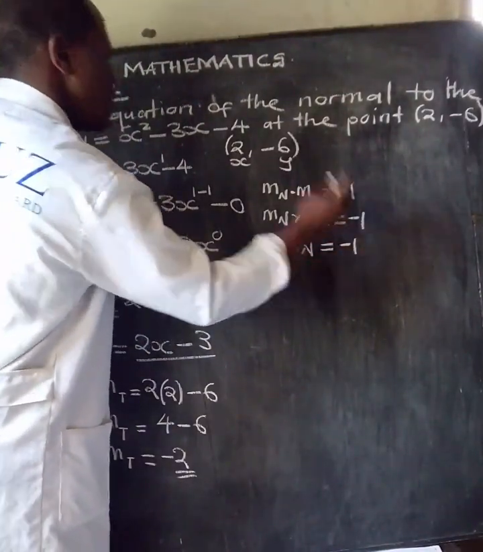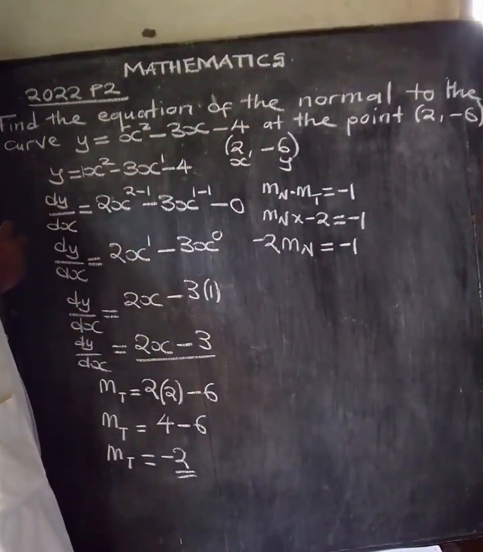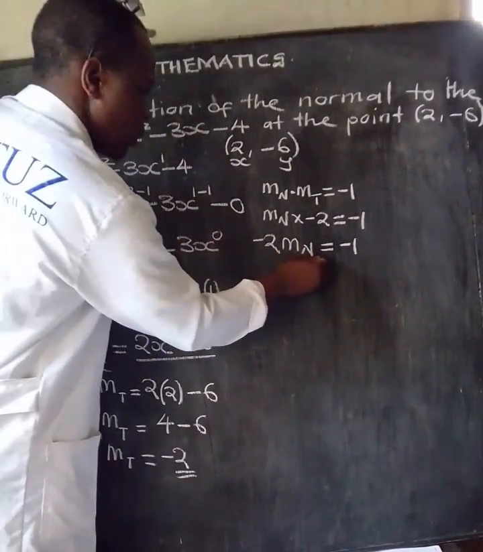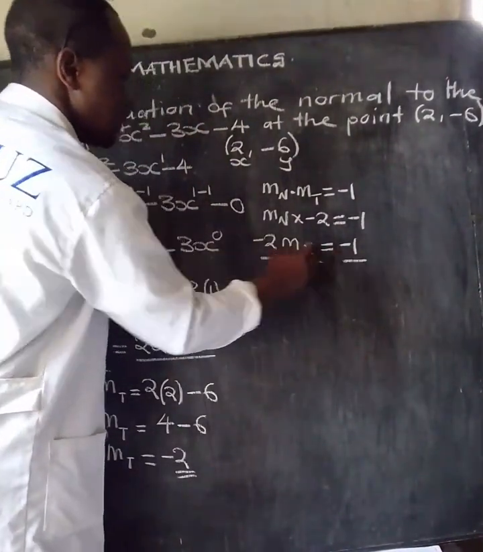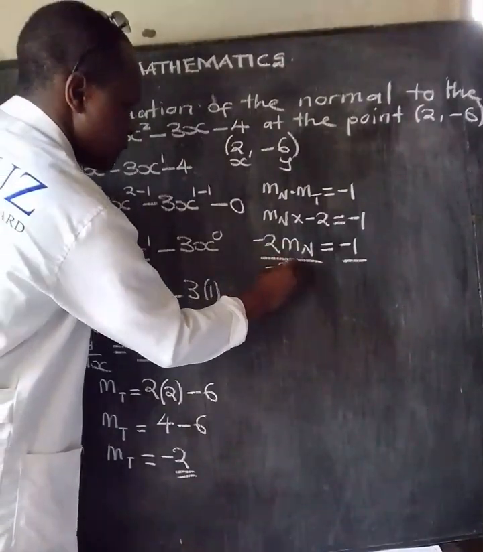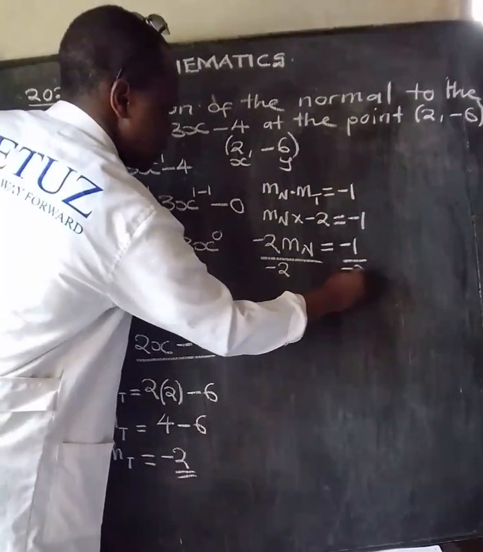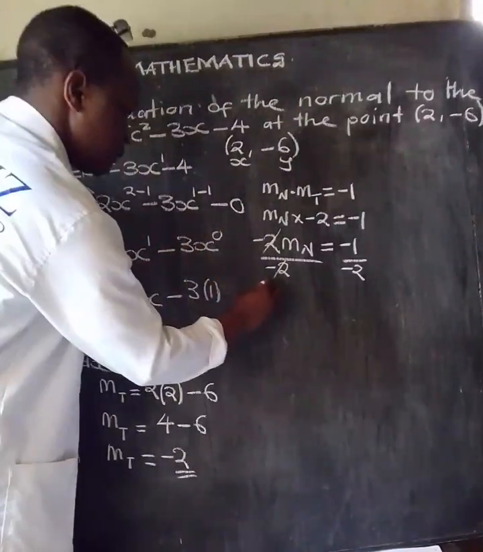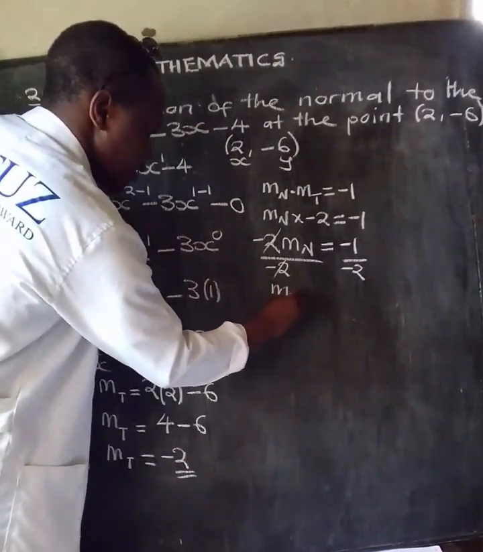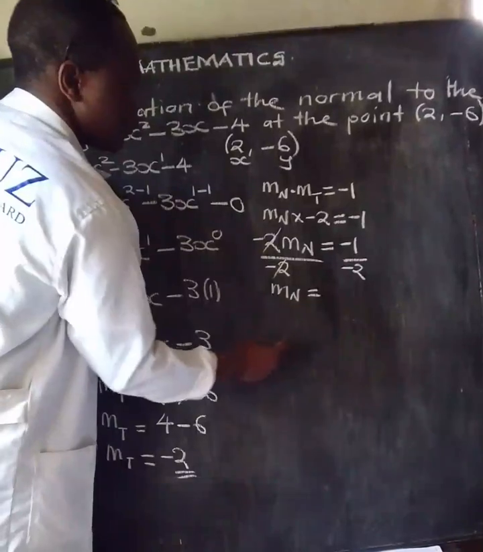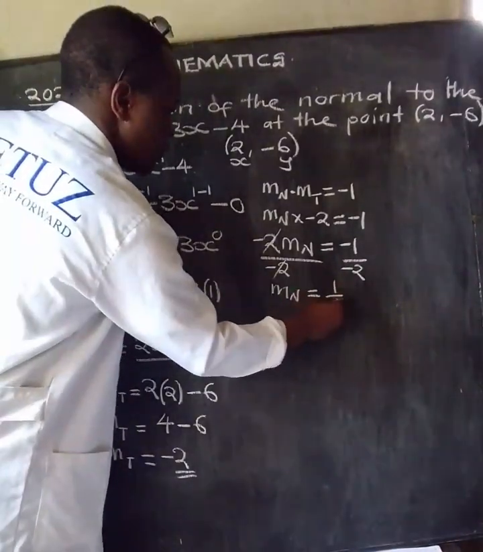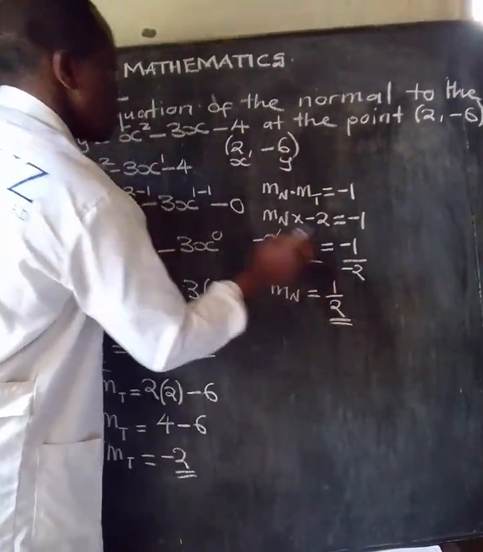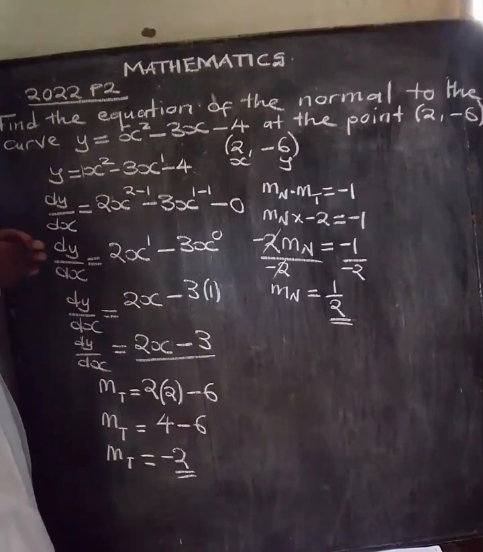So gradient of the normal times negative 2, you get negative 2 gradient of the normal is equal to negative 1. Then for us to remain with gradient of the normal, we're going to divide both sides by negative 2. So these are going to go. Then we're going to have the gradient of the normal is finally equal to 1 over 2. So this is the gradient of the normal.